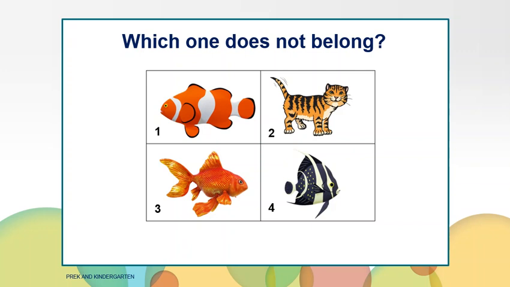You might have thought number 2 didn't belong because it is a tiger and the other pictures are fish. You might have thought it was number 3 because this is the only picture that is one color and not striped. You might have thought it was number 4 because it's the only picture that isn't orange. There are so many possible answers we can come up with.